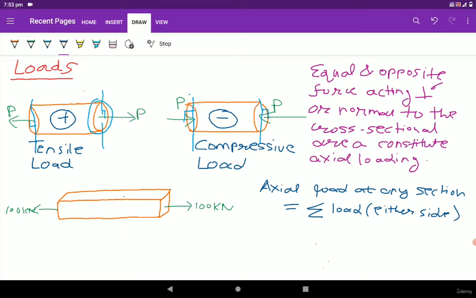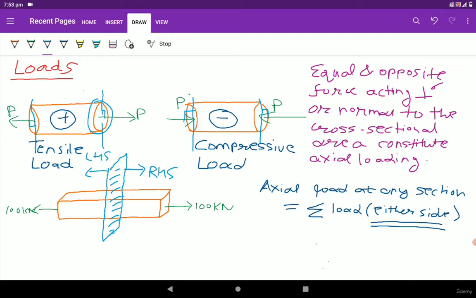You should remember the either side. This is the main concept. Either side means we have to divide this rectangular cross section in two parts. So this is the right hand side part, and this is the left hand side part.